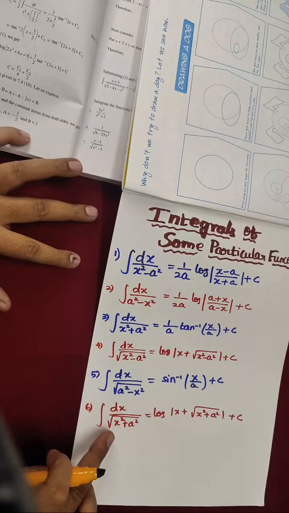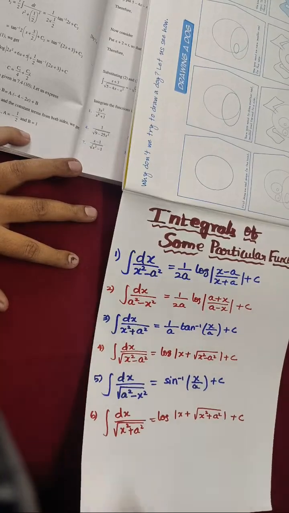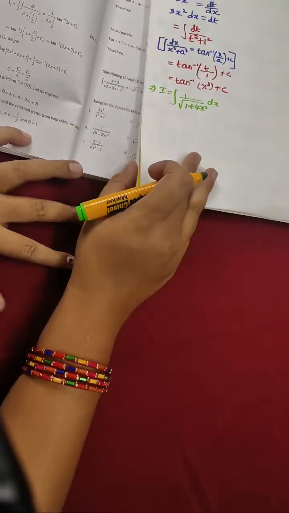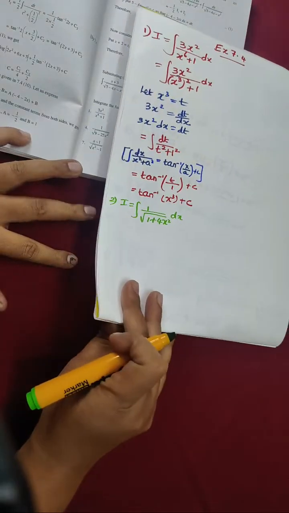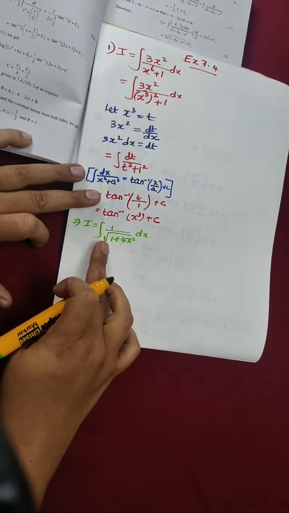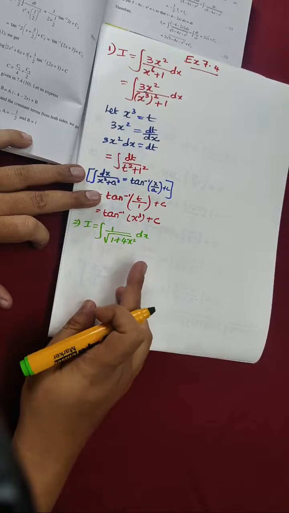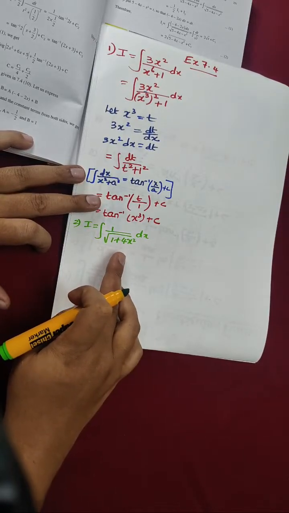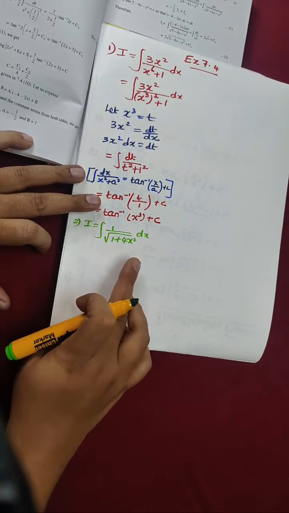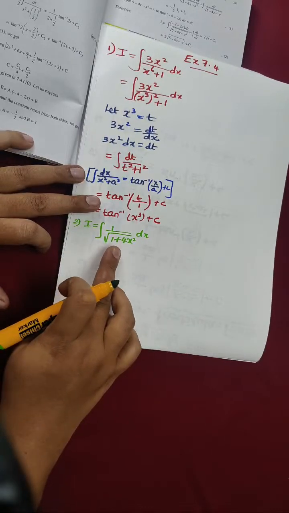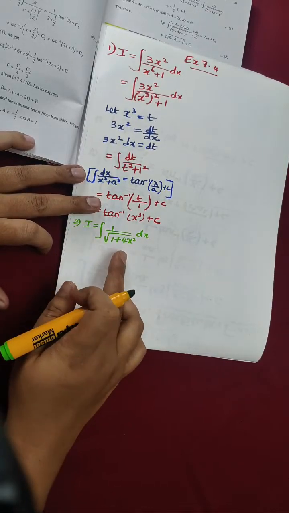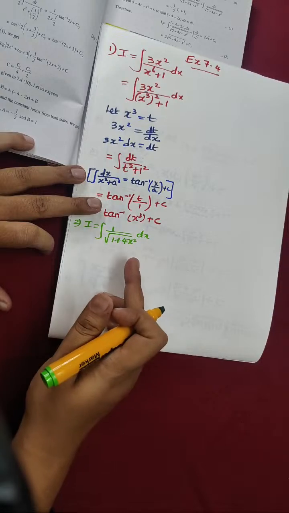The coefficient of x square should be plus or minus 1. Then only you can use the formula. Constants we need not worry about, but for the coefficient of x square, you should check whether it is plus 1 or minus 1. Either way, we can use the formula accordingly.